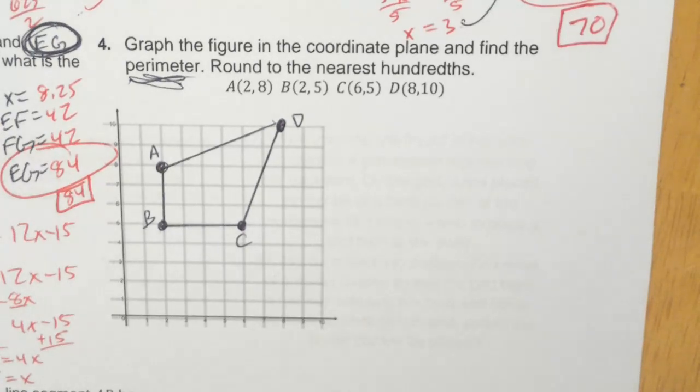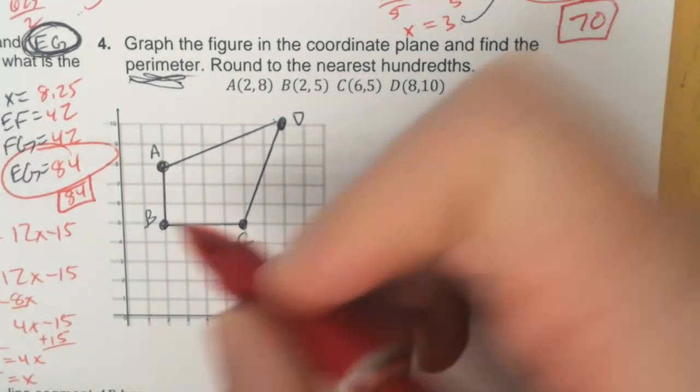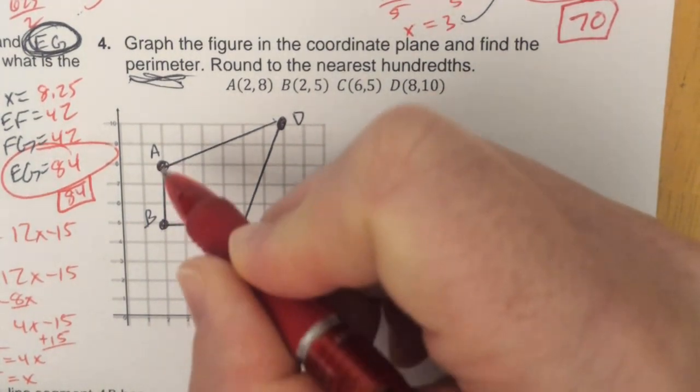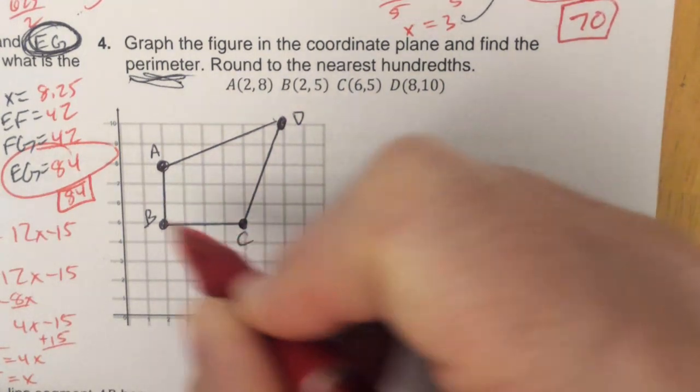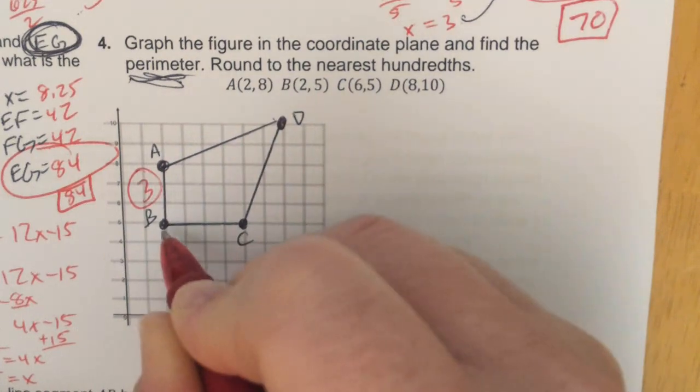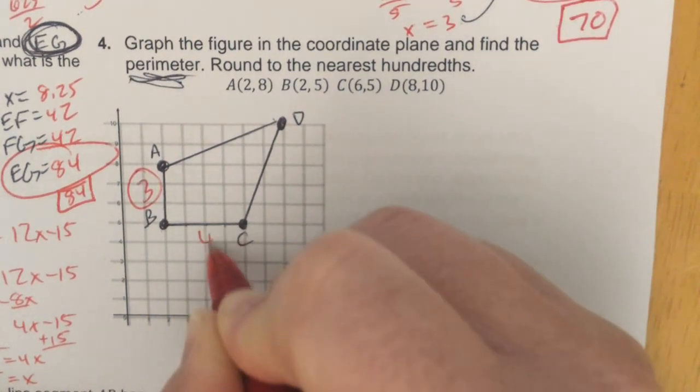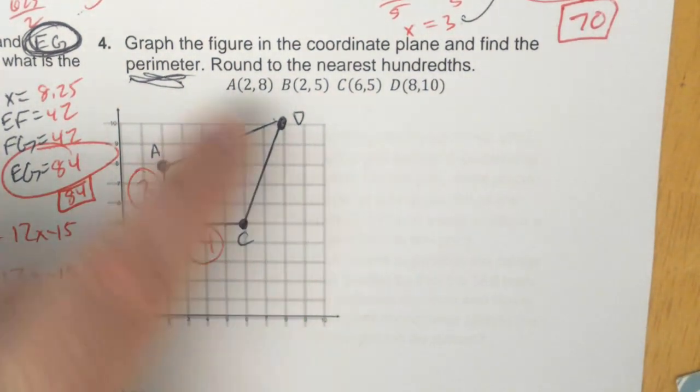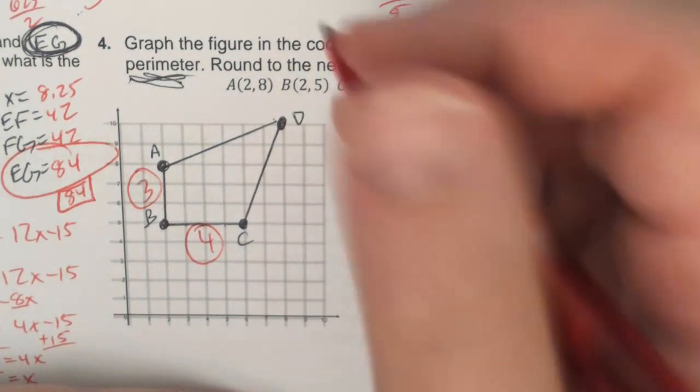Okay, so this is awesome because this distance is really easy to find. So horizontal and vertical, you can just count the hops. So 1, 2, 3 hops. So this is 3. 1, 2, 3, 4 hops. This is 4. Now these other two we have to find.